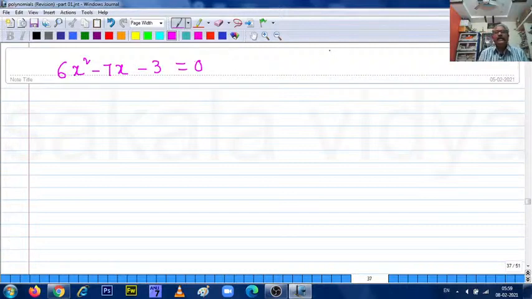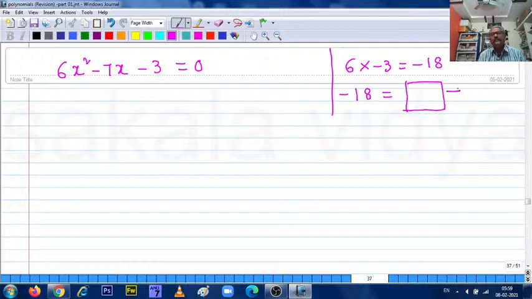First, here x square coefficient 6 into constant minus 3, minus 18. So we need to find two numbers whose product is minus 18. Next we need to find out the sum, minus 7. This is the product, and this is the sum.